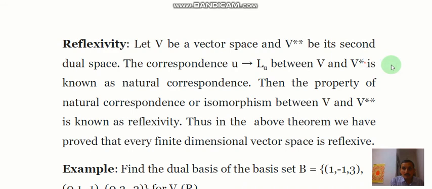The property of natural correspondence or isomorphism between V and V double star is known as reflexivity, and thus in the above theorem we have proved that every finite dimensional vector space is reflexive.